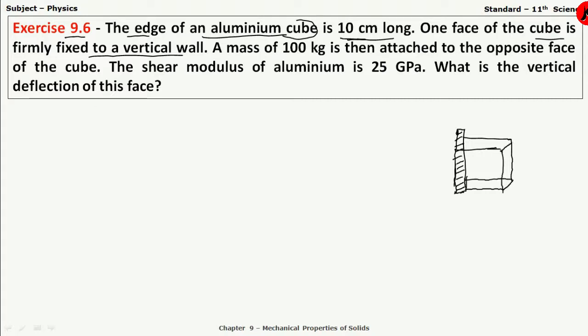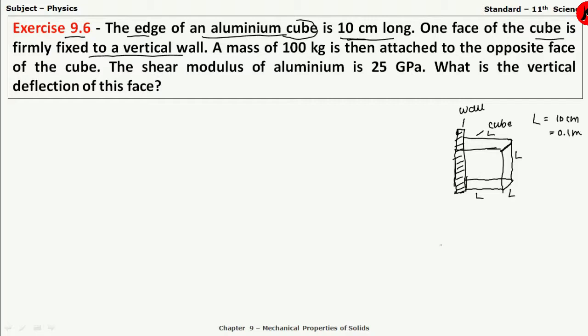Right? This is the cube and this is the wall, and the side is given as L, L, L, L, and L is given as 10 centimeter, which in meter becomes 0.1 meter.